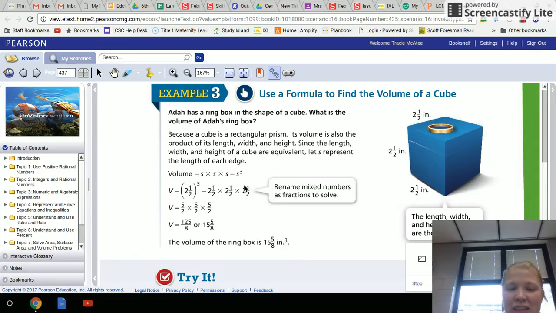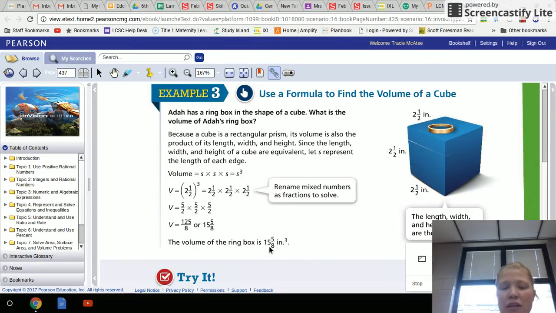So you're taking the side cubed. Okay, you're multiplying the side 3 times. Okay, the volume of this cube then would have ended up being 15 5/8 inches cubed.